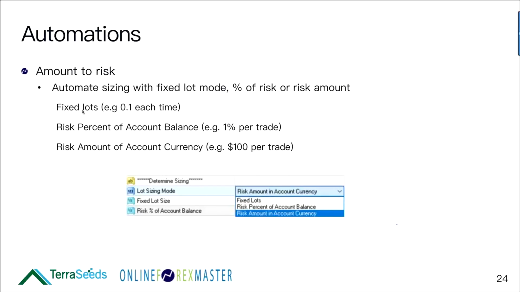But to make sure that the system fulfills that basic need, the amount to risk in any automation must be there, right? So you can put in each time a fixed lot size, or it can be like what I'm doing here, to decide on the lot sizing via the percentage per trade that you would want to risk.